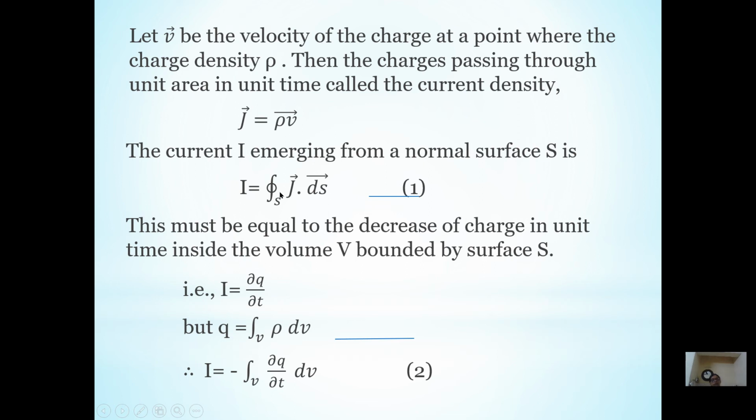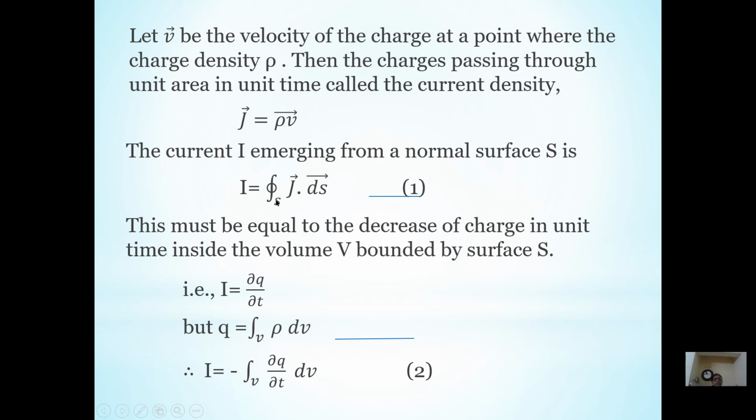So why are we taking the integration? Because a small change in the current: dI is equal to J dS. It is the small amount of current in a surface element dS. Then how do we find the total current in surface S? That is by integrating.